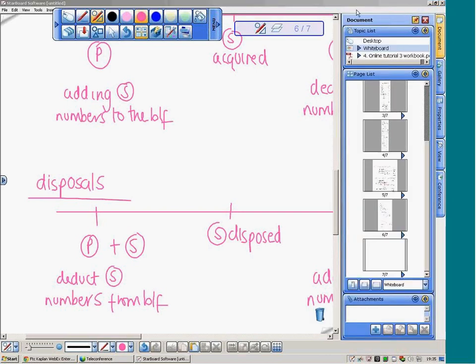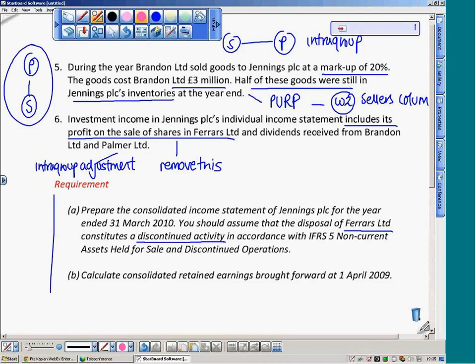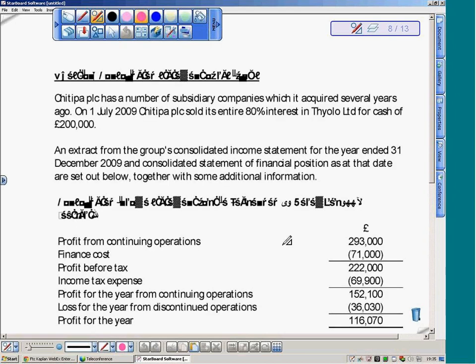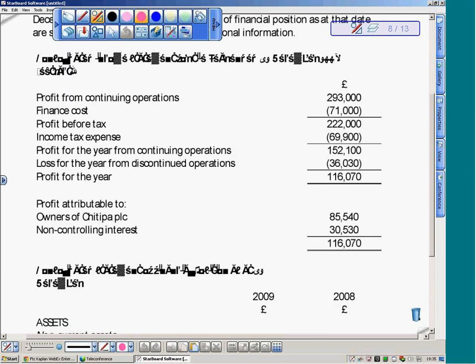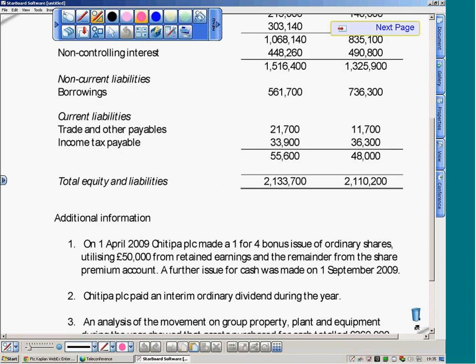If we look into our workbook, I'm going to bring up the workbook again. That's quite bizarre. My online version seems to have some foreign language at the top, but hopefully we can make it through.